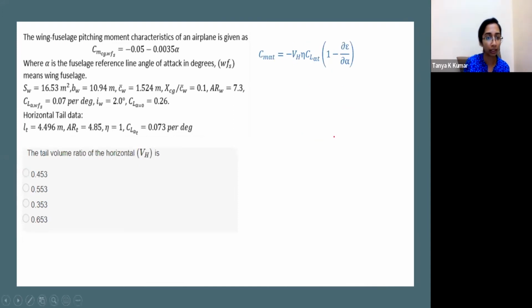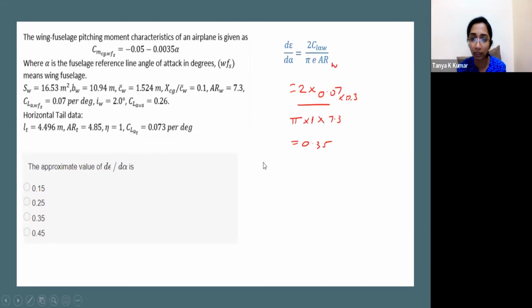Okay, so the next question is, what is the tail volume ratio? The equation is given here. We have CM alpha tail. What is VH? Tail volume ratio VH. CM alpha wing is minus 0.0035.